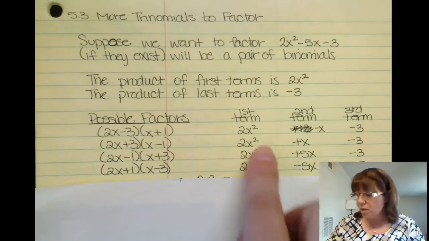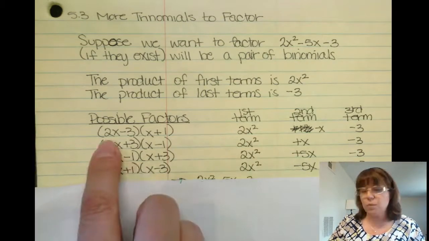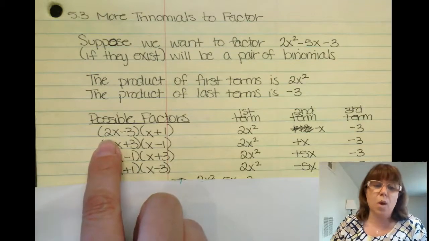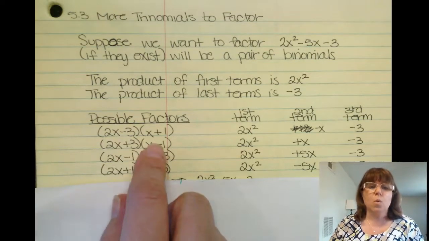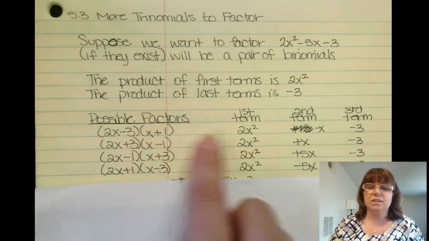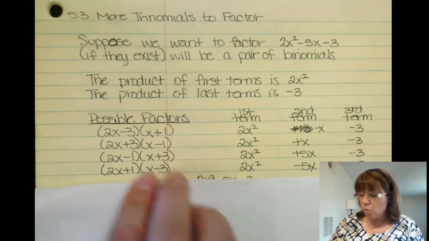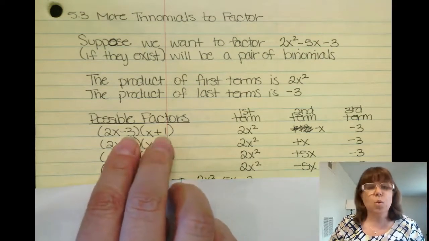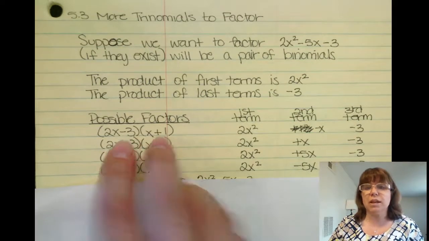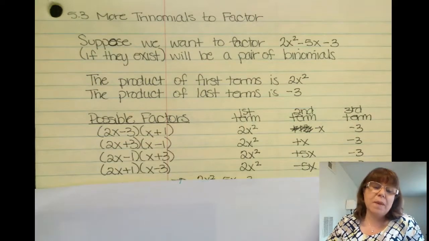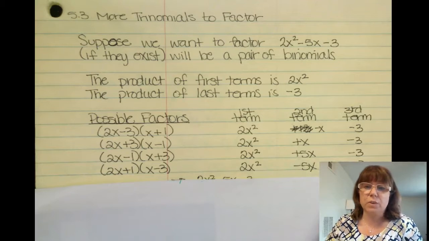The first term is always going to be what it was because I broke it down. It's a prime number, so 2x times x is 2x squared, and the reason why I chose 1 and 3 is because they multiplied to 3, and one of them had to be negative to get to the negative 3.